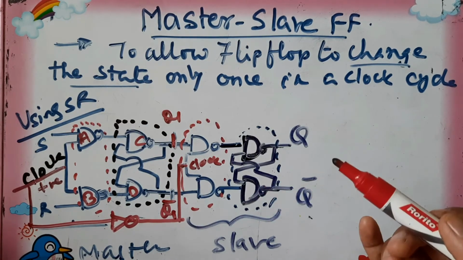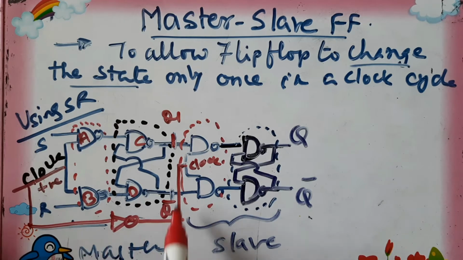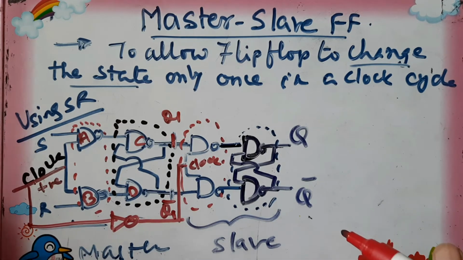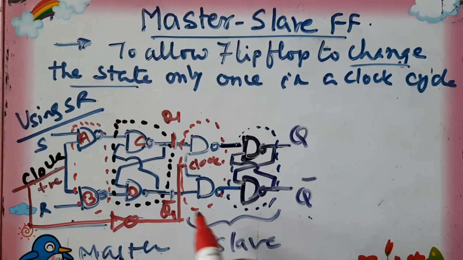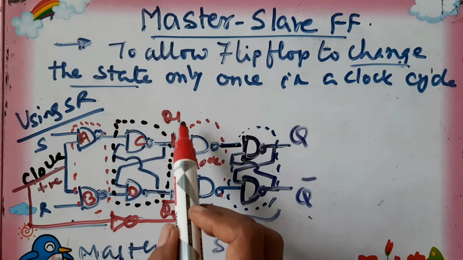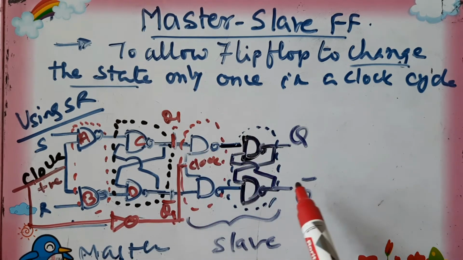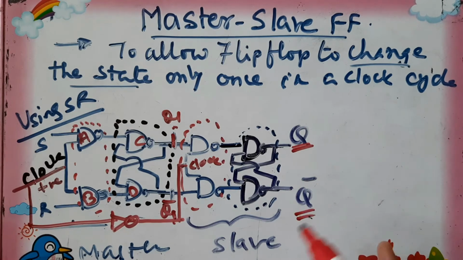At that time the slave will be inactive because it is given the inverted clock. Whenever the negative level of the clock occurs, the slave will be on, and the bits available at Q1 and Q1 bar will go to the main outputs of the flip-flop.